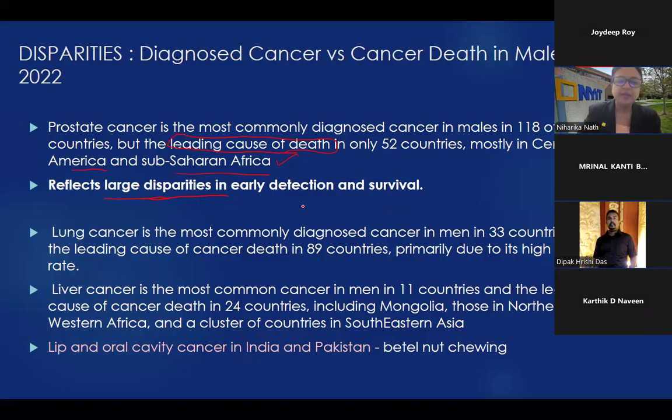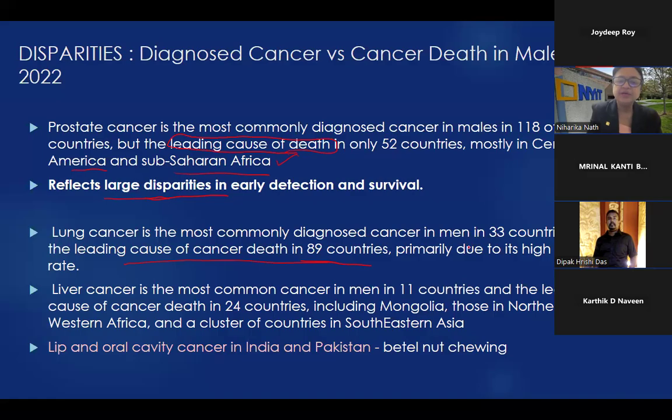And lung cancer, which is very, very highly fatal. In 89 countries, it is the leading cause of death, lung cancer. But it is commonly diagnosed in 33 countries.